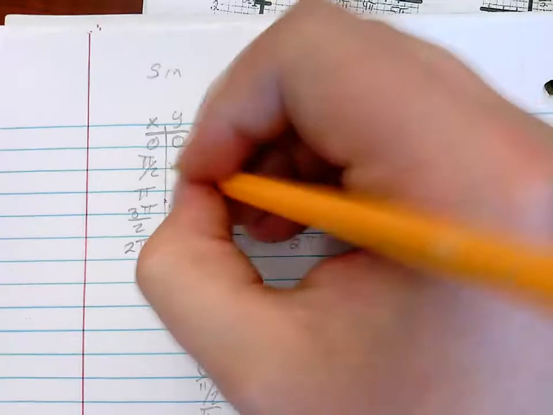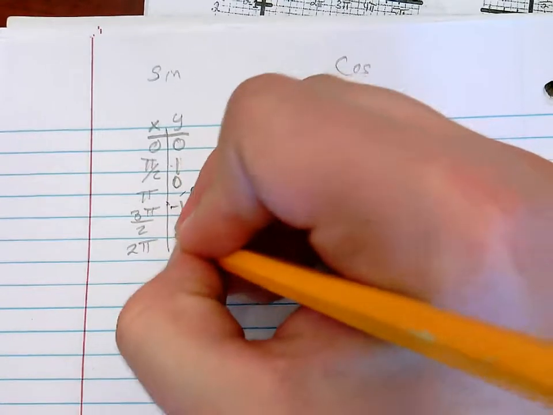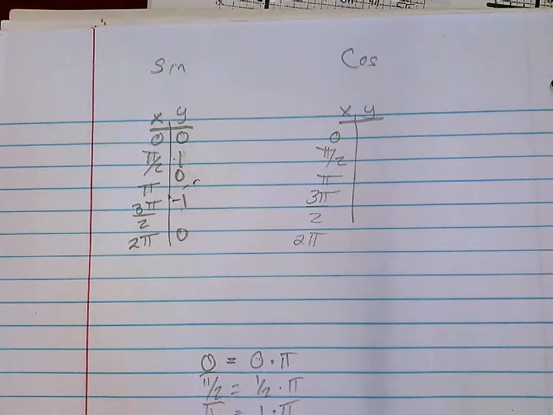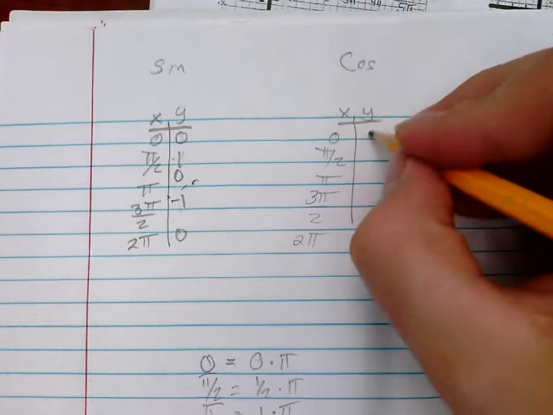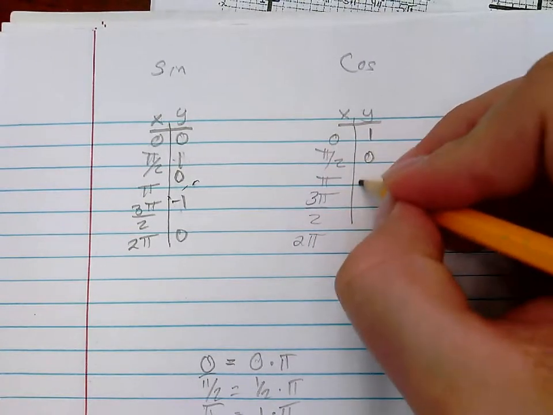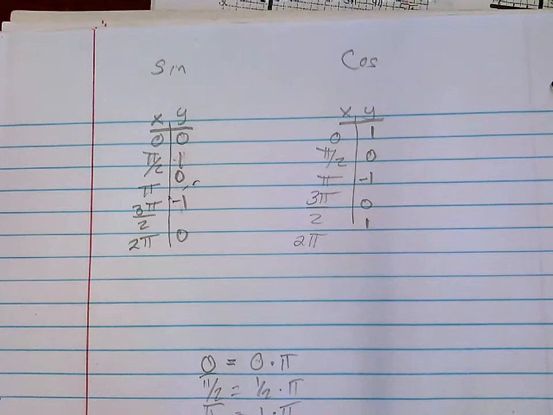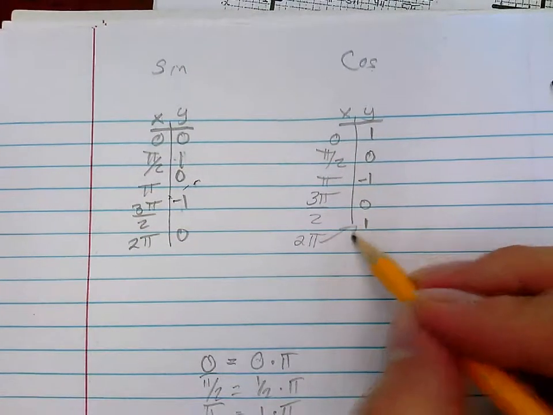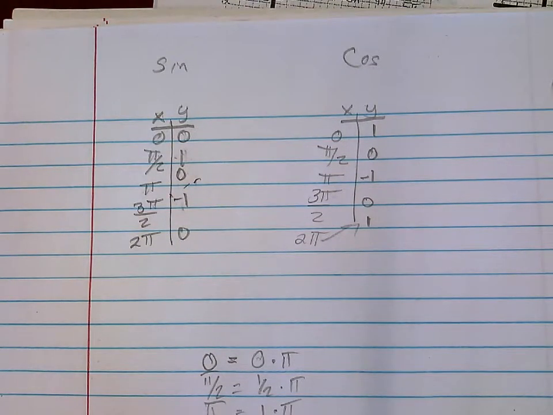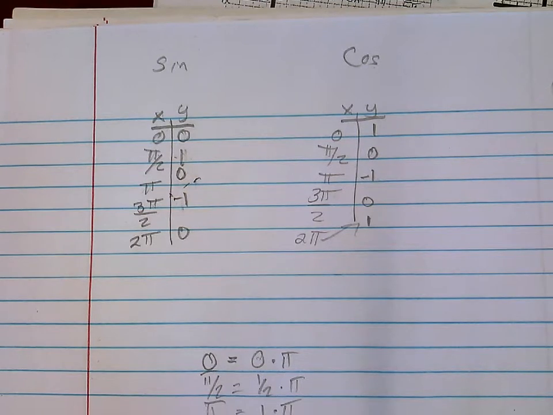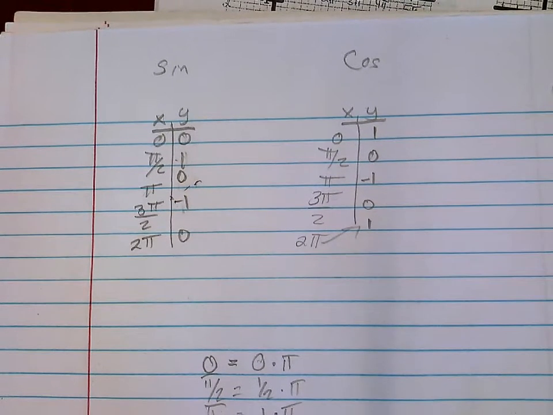And that's how that works. On a cosine, you start off with the 1, you go to 0, you go to -1, 0, and then you go to 1. Okay, so that's what that should be right there.